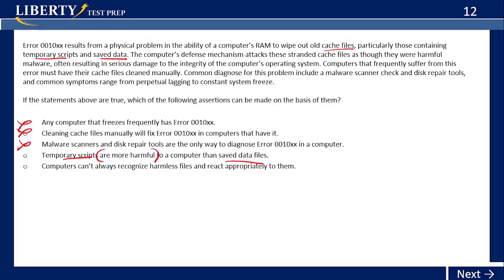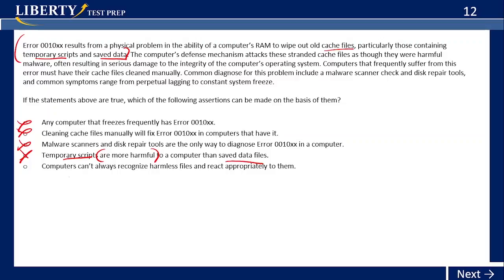If we are to compare, we have to know the degree of danger, the degree of harm from these two individual things, right? From the temporary scripts and the saved data files. And from the first sentence, which is the only place where they talk about temporary scripts and saved data files, they don't give you any degree or any way to see the level of harm inflicted by any of them. You see? So that's an impossible comparison for us to make. We cannot compare them because we don't know the values.